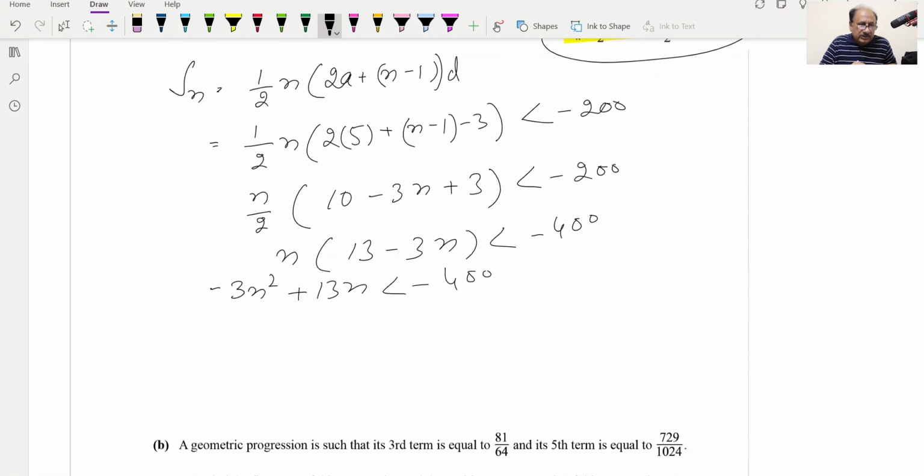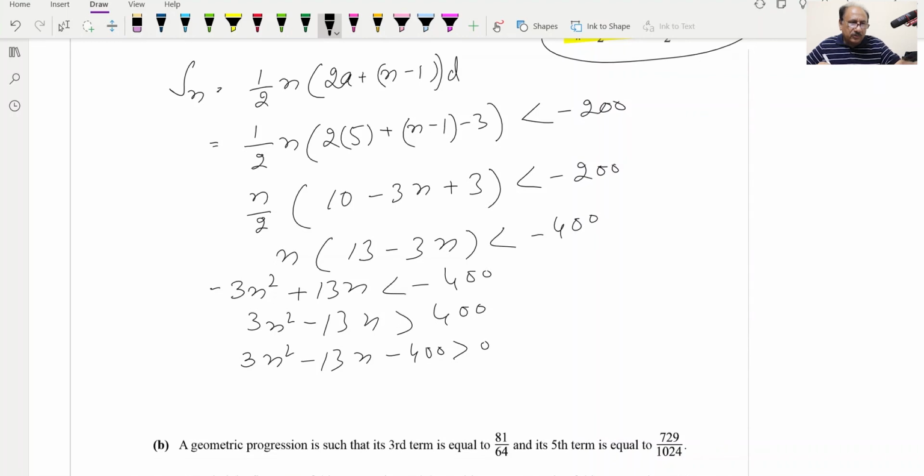We can change the sign of the whole equation, and the inequality sign will change, so 3n squared minus 13n is greater than 400, and we can rewrite it as 3n squared minus 13n minus 400 is greater than 0.